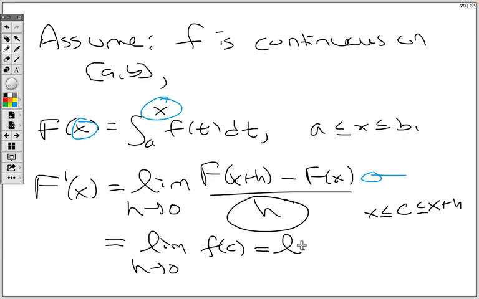So this is going to be the limit as c goes to x of f of c. And since little f is continuous, that's just going to get me back to f of x. And so the mean value theorem for definite integrals makes that little hand-wavy geometric argument we talked about in class a little more precise. And so there it is. That's the fundamental theorem, part 2.